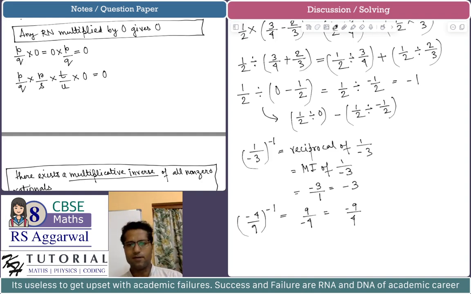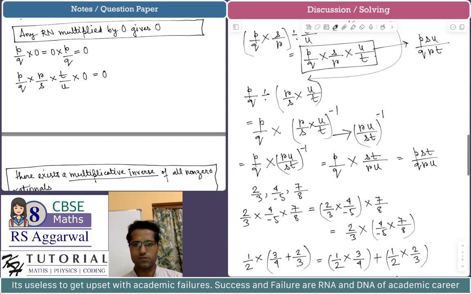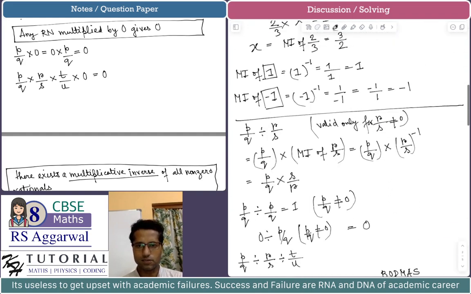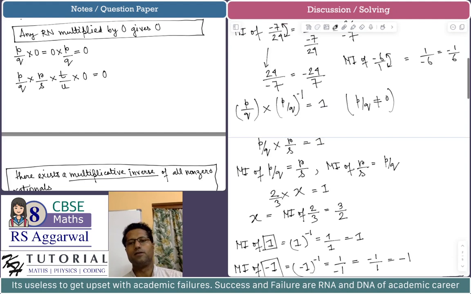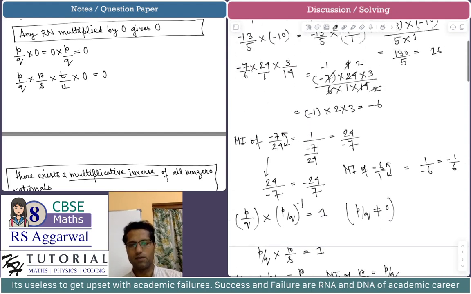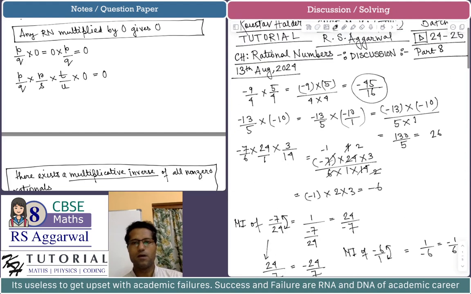Okay, fine. I think these are enough examples to illustrate the concepts of addition and multiplication of rational numbers and the two concepts of multiplicative inverse and multiplicative identity. In the next two videos, I will solve the problems from exercise 1D and 1E. Exercise 1D is about the multiplication of rational numbers, and exercise 1E is about division of rational numbers.